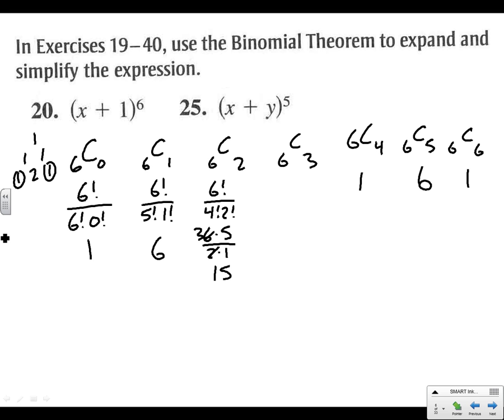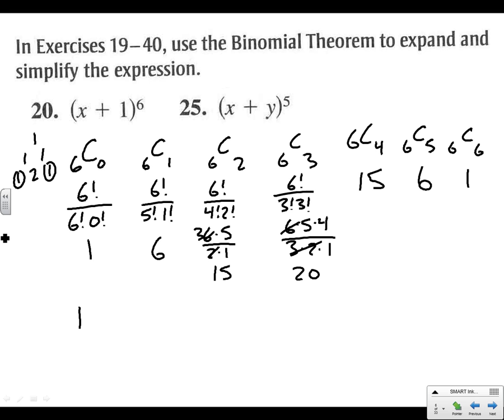So we'll get a 15 over here. And then last in the middle, we've got 6c3, so 6 factorial over 3 factorial, 3 factorial, which is going to be 6 times 5 times 4 over 3 times 2 times 1. 3 times 2 is 6. 5 times 4 is 20.